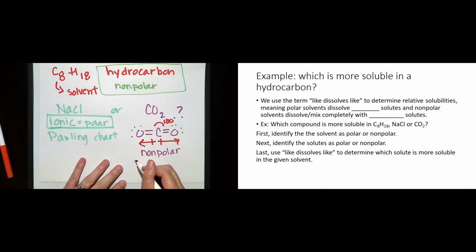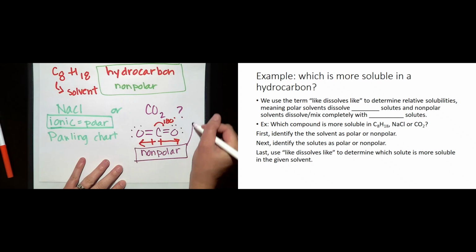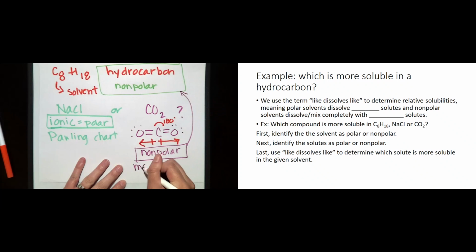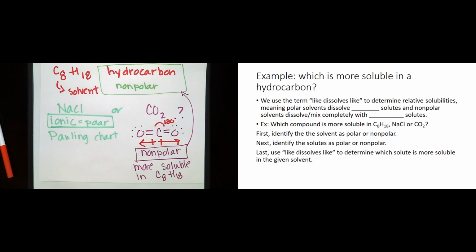Okay, so since we've identified this as non-polar, this will be more soluble in the non-polar solvent. Now this question is going to be totally different if I ask you which one is more soluble in water. So think about that for a second.